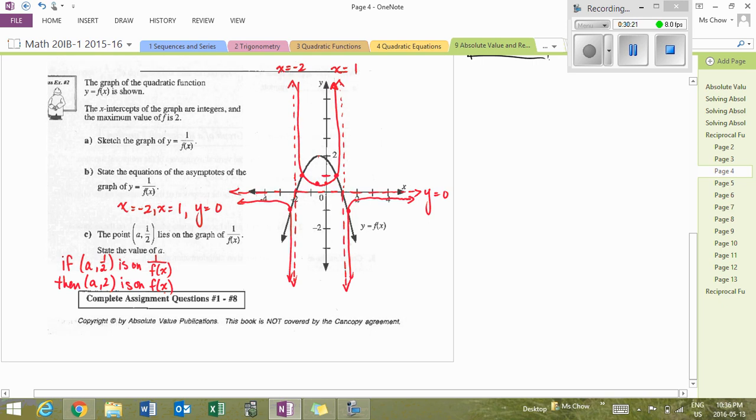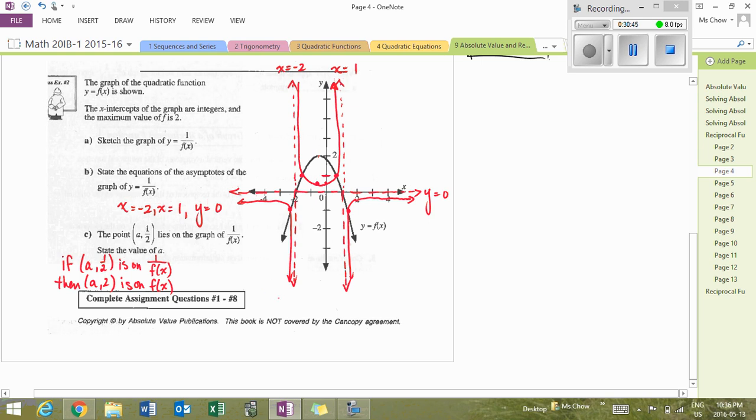So (a, 2) has to be your vertex, and since the vertex is halfway between your x-intercepts, then what do we know? Your x-intercepts being -2 and 1, so let's figure out what that point is.